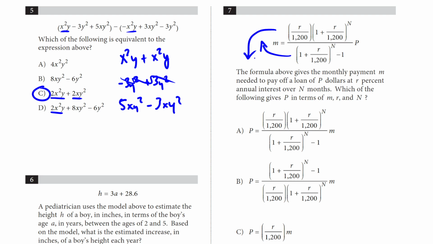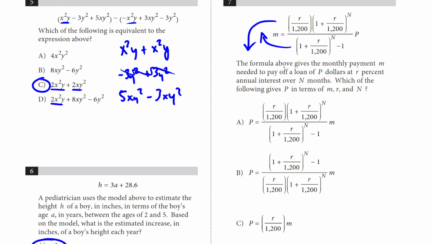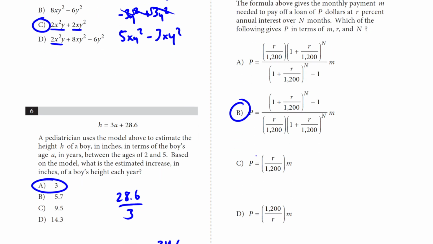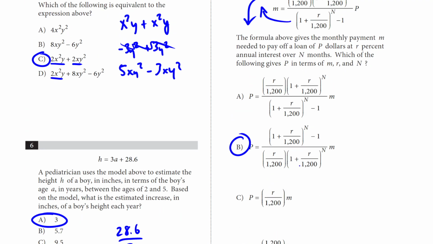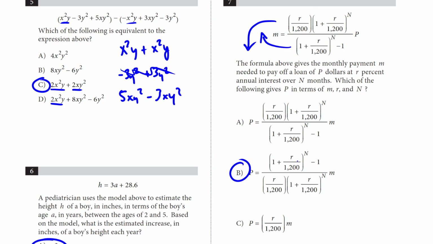So (1 plus r over 1200) to the n will be on top minus 1. And then we'll have our top things on the bottom. So it just looks like B from what I can see. We're not doing any cancellation because we have two terms that are being added to each other here. So this just looks like multiplying and dividing by the same terms to isolate P. Okay.